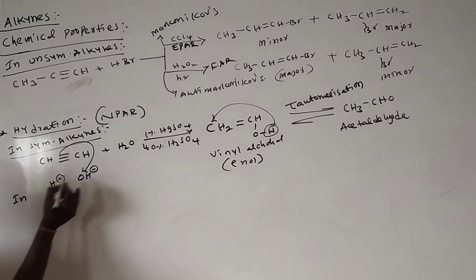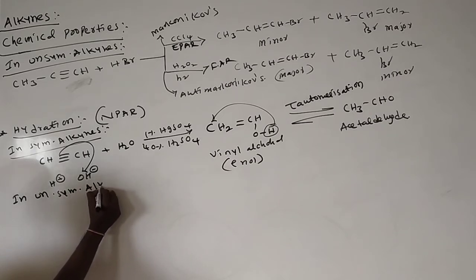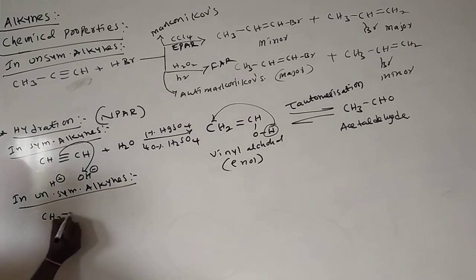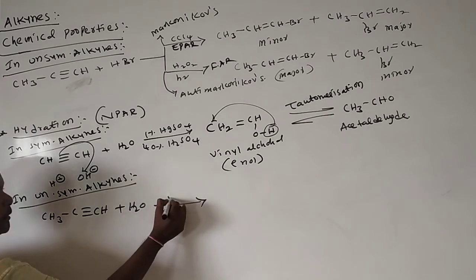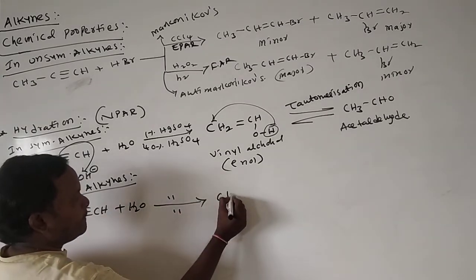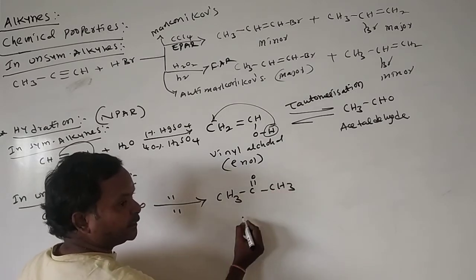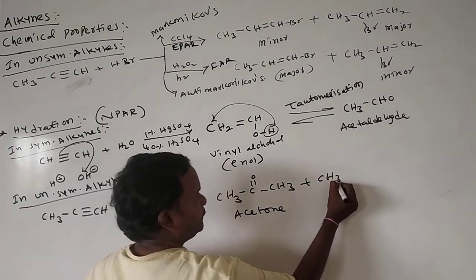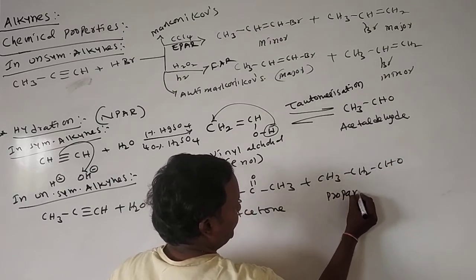Okay, we'll see here in symmetrical alkynes we get only one product, but in unsymmetrical alkynes, CH3 C triple bond CH, add water under the same condition. Here we get two compounds: CH3 C double bond O CH3, we call acetone, plus CH3 CH2 CHO, propanaldehyde.